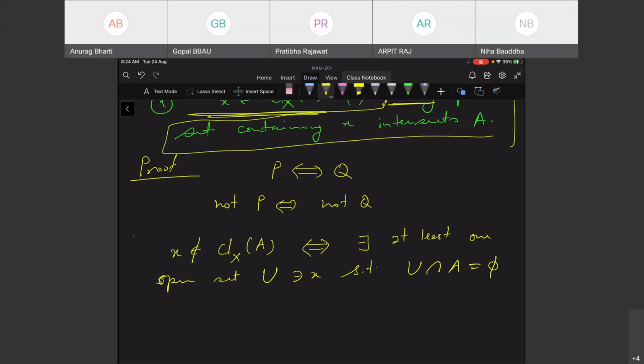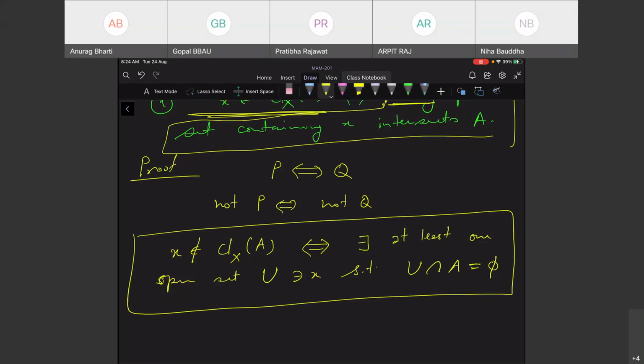So this is what we will prove. Any doubt? Does anyone have any difficulty here?